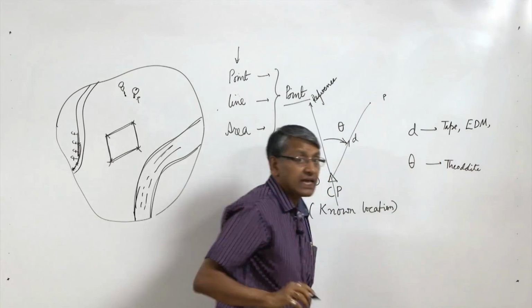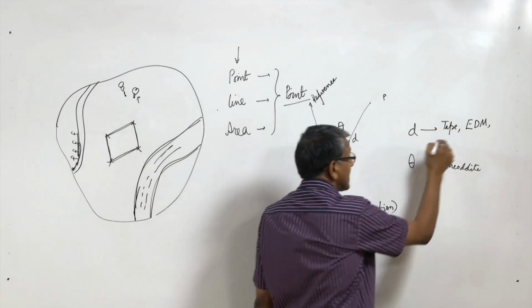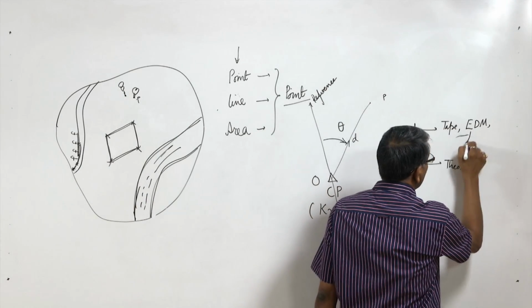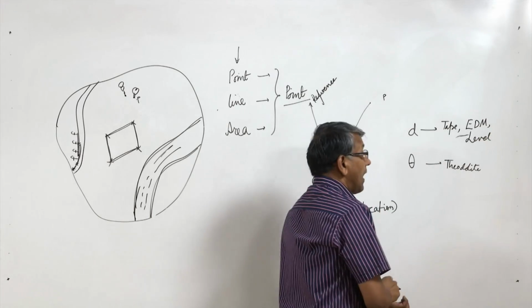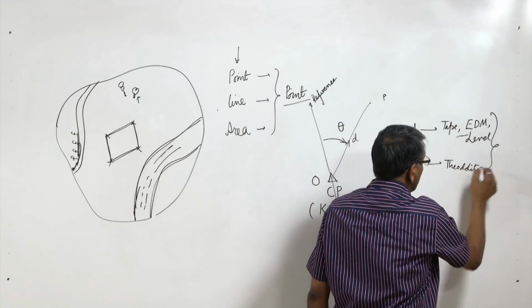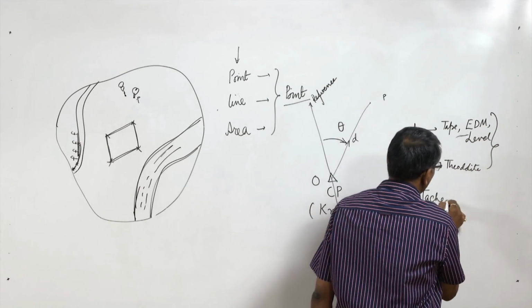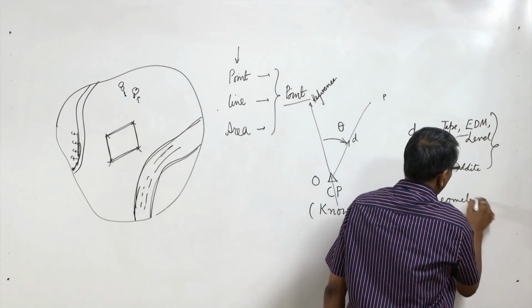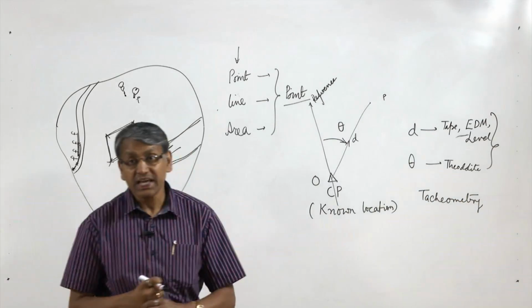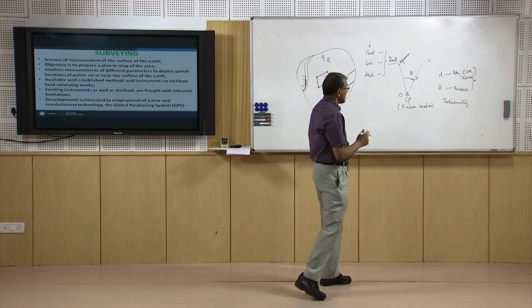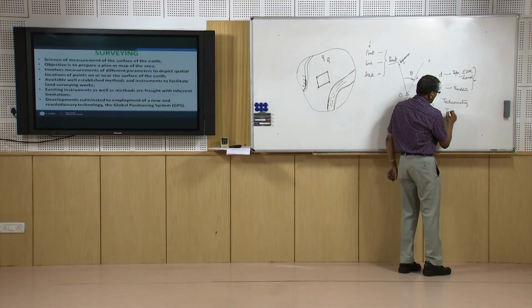Now, distance is again of two types, horizontal and vertical distance. Vertical distance we can measure using a level. Then there are some methods like the tachyometric method by which we can get both the distance and directions, or then we can go for total stations.